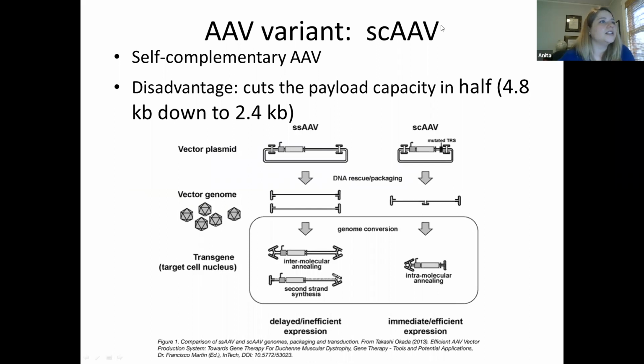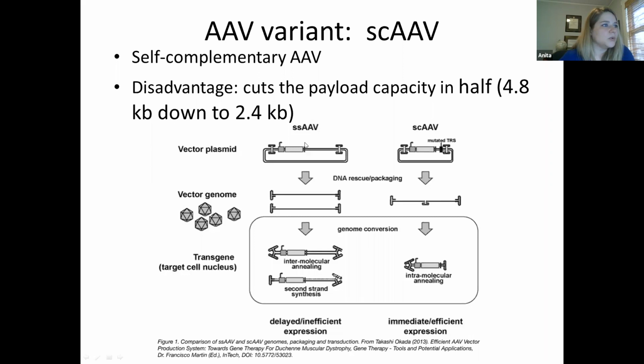So there is a variant called self-complementary AAV. This gets at why there's a little bit of a latency for expression of AAV. SC-AAV is for self-complementary AAV. Obviously if it's self-complementary, that means you cut your payload in half because you've actually complemented your sequence. But why would you do that?